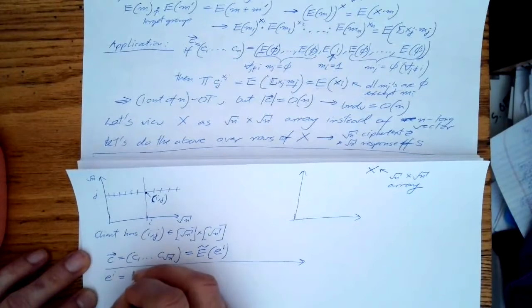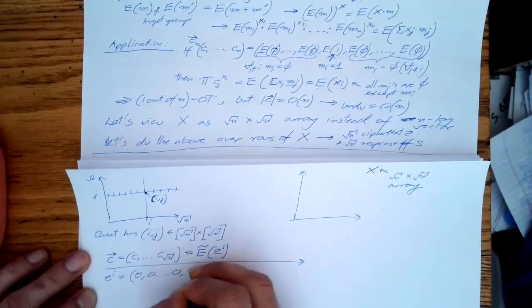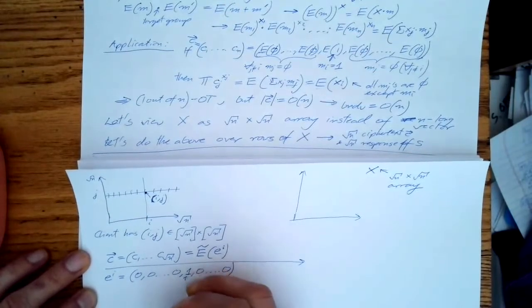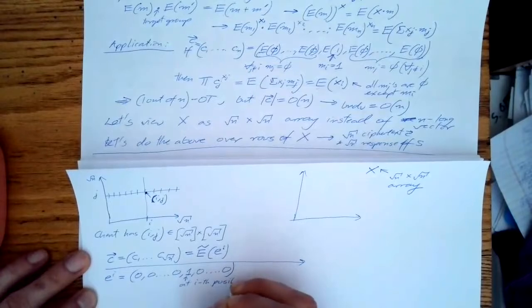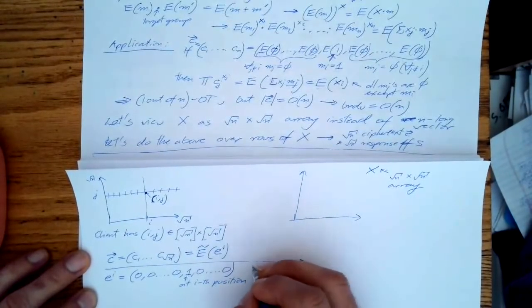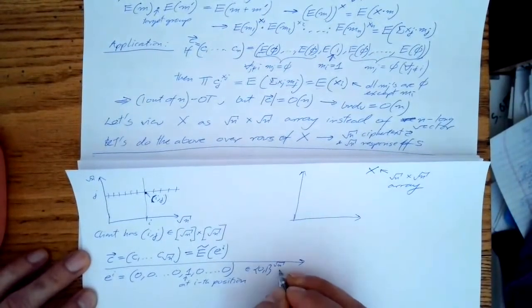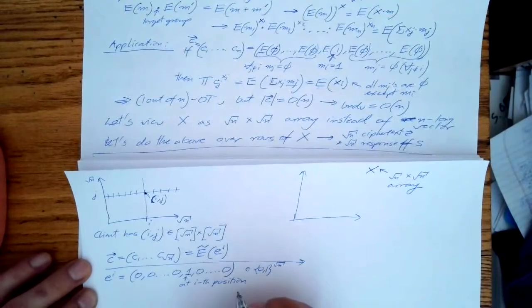So EI is a vector that is made of all zeros and a single one, and the single one is at the ith position. Okay, and this vector is of dimension square root of n, right? So there is square root of n here.